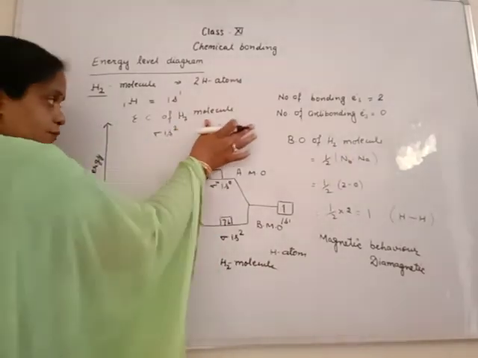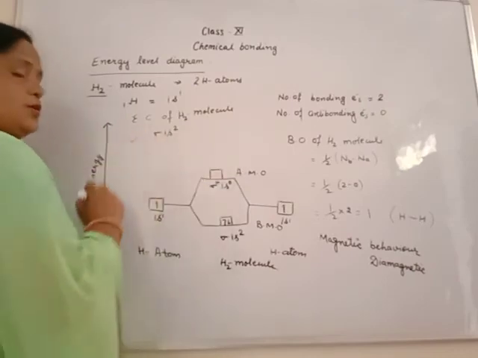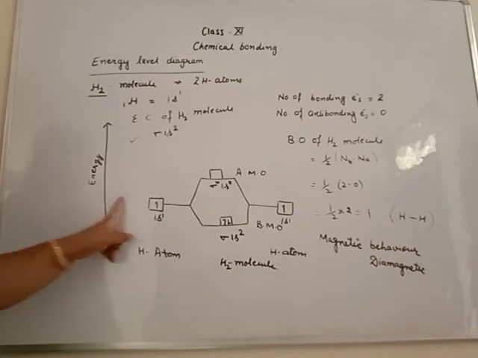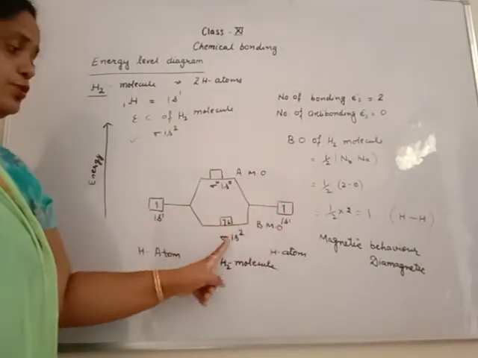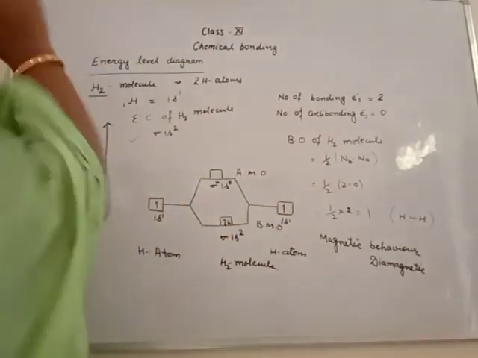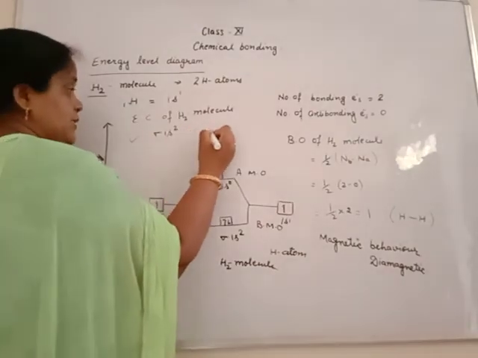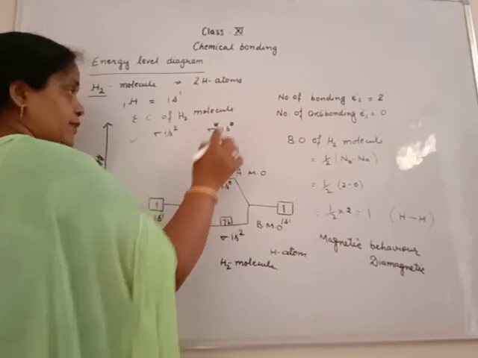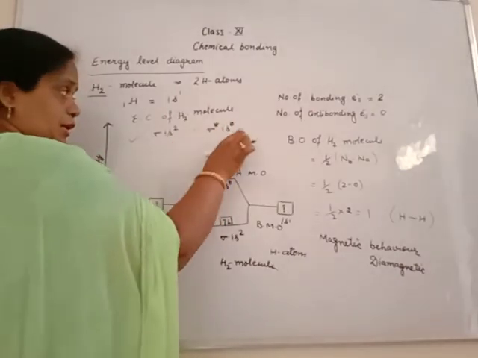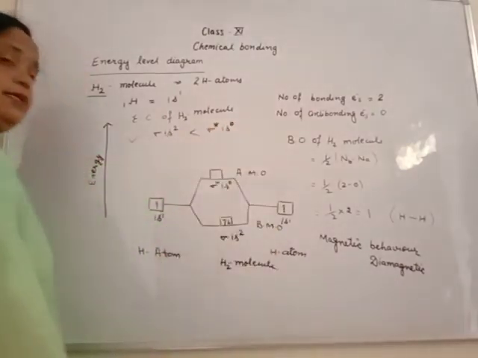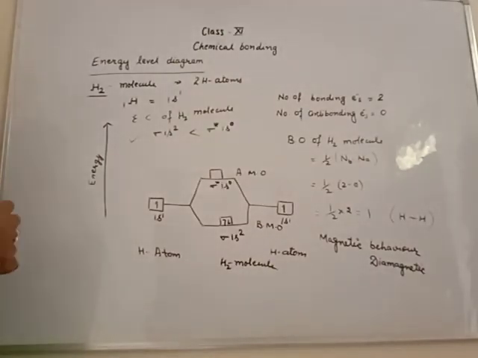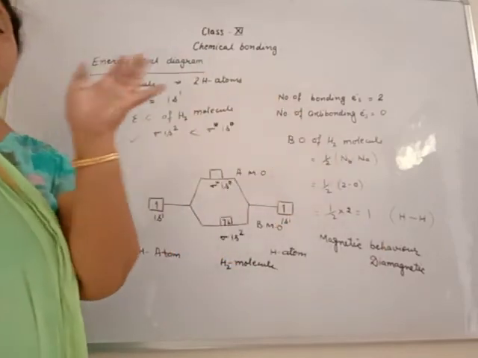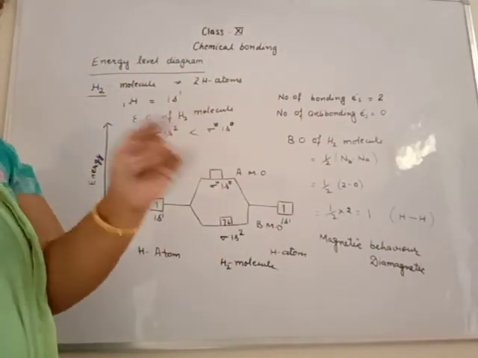If you don't want to write this, then it is also okay. But it is clear that when 2 atomic orbitals combine, 2 new orbitals are formed. So, rule wise it is necessary to mention both molecular orbitals, whether they have electrons or not, and write their energies. And if the bond order is 1, it is stable.